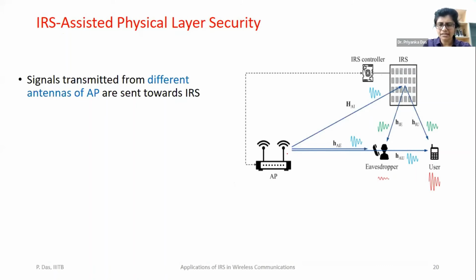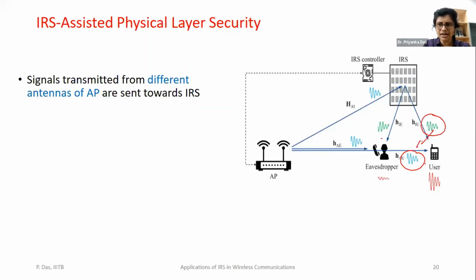Now, as the access point sends the signal, the eavesdropper will get it and the user also will get it, and there will be a reflected signal from IRS to eavesdropper, IRS to user. Okay. Now, what will be our goal? As I mentioned, there is a signal coming from AP to user, which is this, and IRS to user via reflections, which is this.